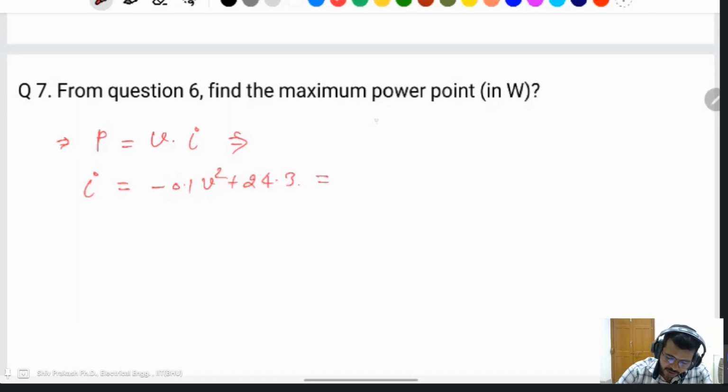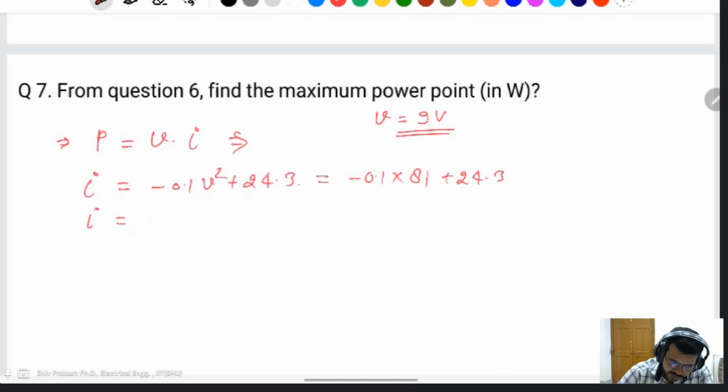V I have already calculated as 9 volts. Minus 0.1 times the square of 9, which is 81, plus 24.3, we get I equal to 16.3 ampere. Then power V into I, 9 into 16.3, is 145.8 watts. Correct option, correct answer.